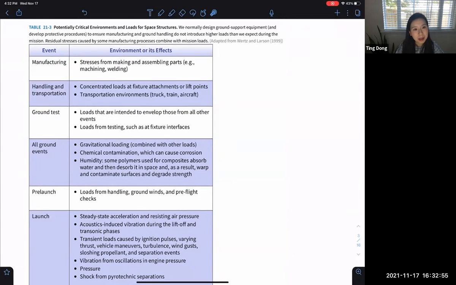And that process actually changes the material property. And most of the time, it will cause a residual stress at the welding place. And that place can be a problem place in later use. So a lot of times the welding place is the weakest place of the structure.